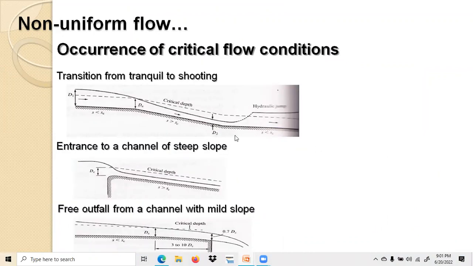You want to know whether the critical water depth is the same or not? Yes, sir. Yeah, it is the same.